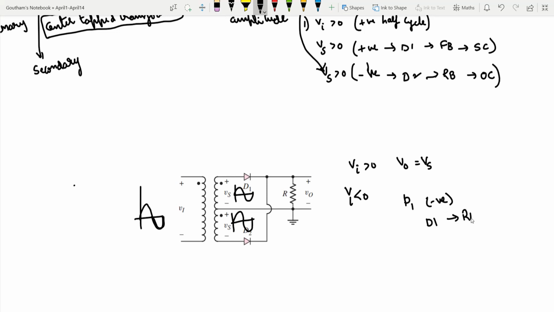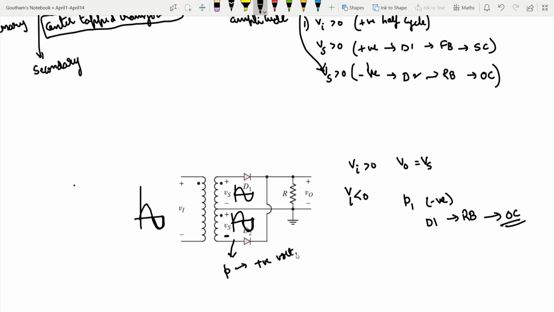D1 is reverse biased, so when it is reverse biased, we simply open it. Now because D2 is connected to the negative terminal of Vs, when Vs is going in the negative direction, the P side will be looking at a net positive voltage.